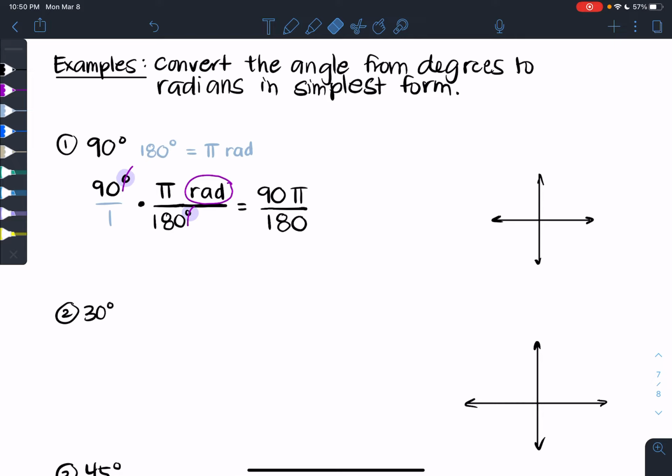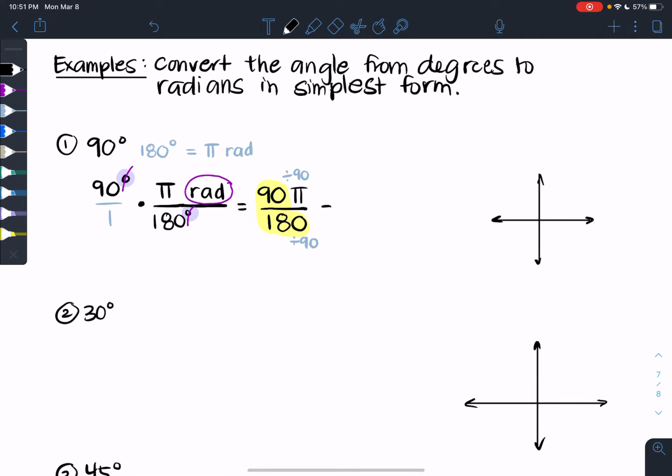All right, now it's time for us to simplify. When we simplify 90 pi over 180, we're essentially just trying to simplify 90 over 180. The reason being is because pi is just going to stay in place. It's just going to be multiplying whatever 90 over 180 simplifies to. So, thinking of the GCF between 90 and 180, we can divide top and bottom by 90.